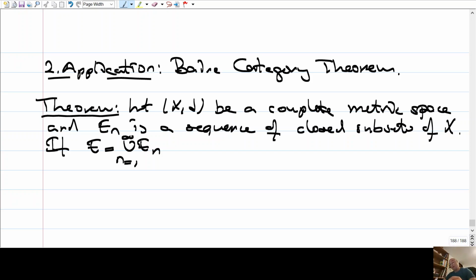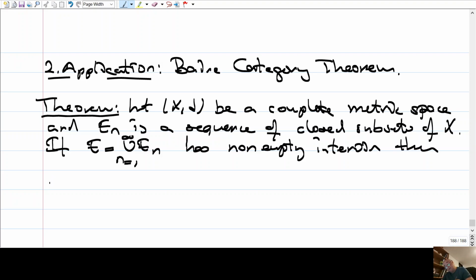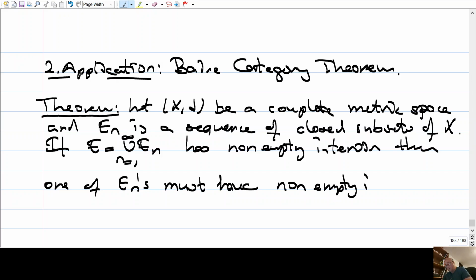If this countable union has non-empty interior, then one of the E_n's must have non-empty interior. Okay, so that's the theorem.